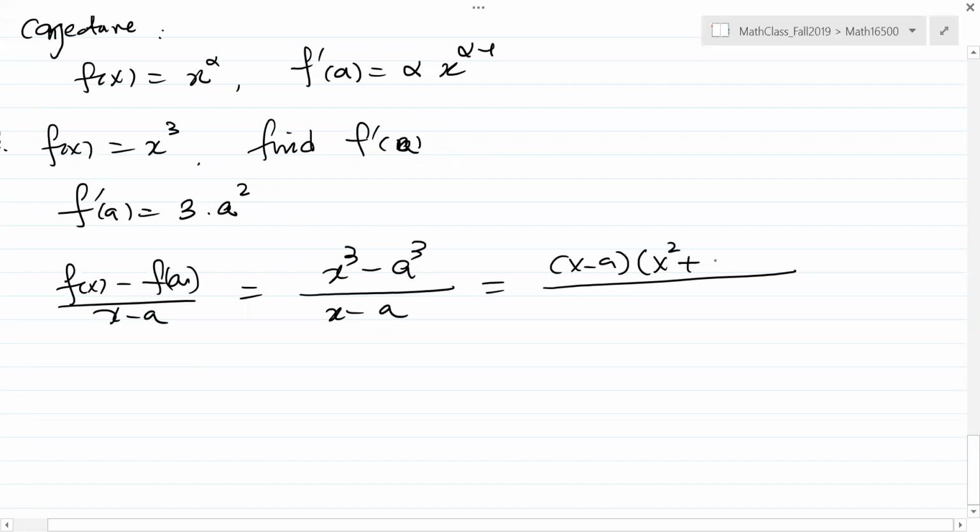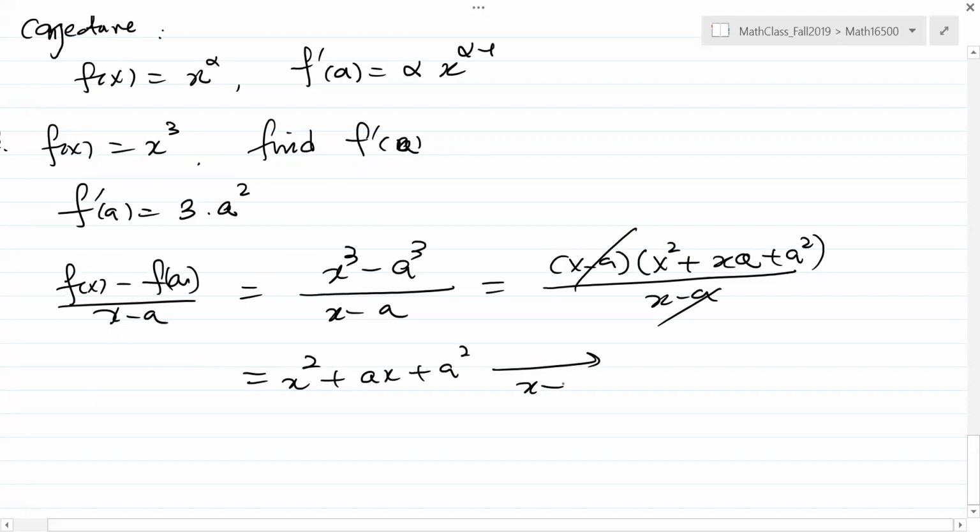It's going to be x minus a times x squared plus ax plus a squared. So x minus a cancels out. I will get x squared plus ax plus a squared. So if I let x approach a, what I get is 3a squared, and that is the derivative. Indeed, we got 3a squared, not surprised.